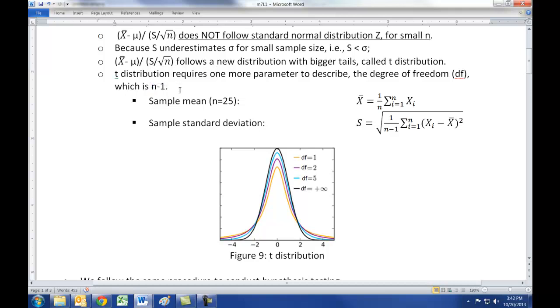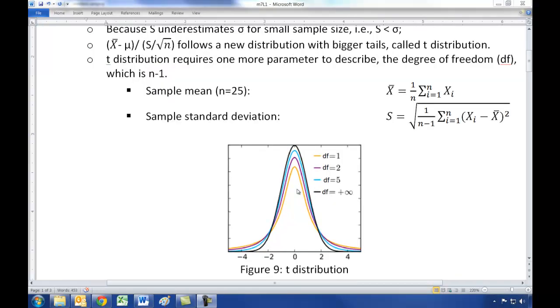So using our cereal box example, if we draw a sample of 25 boxes, then the degree of freedom will be 25 minus 1, equal to 24. This chart shows the sequence of T-distributions with different degrees of freedom. This curve in black is the standard normal Z-distribution.